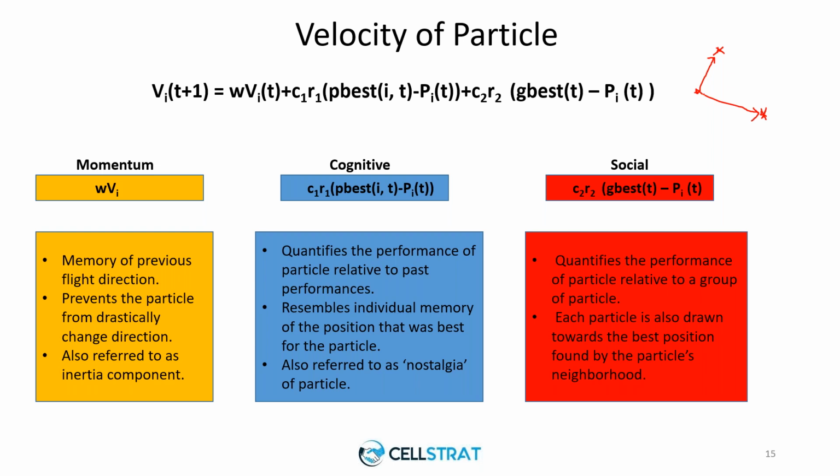Then its next movement or direction would be a resultant of these two. That is what cognitive and social do. So they control the direction of the particle in the next iteration.